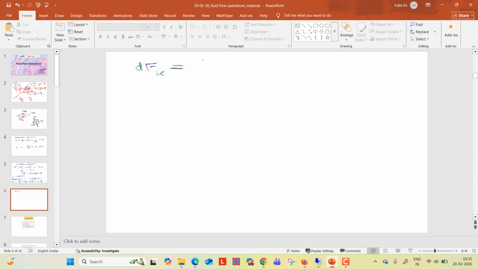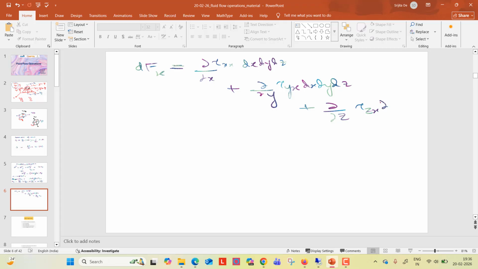Stress is pressure, so it will be pressure into area. In the x direction it will be del x of tau xx into the volume dx dy dz, plus del y of tau yx dx dy dz, and del z of tau zx dx dy dz. This is only the x component, right?